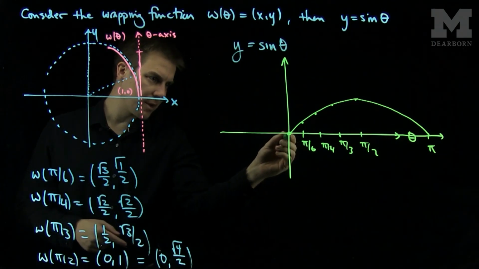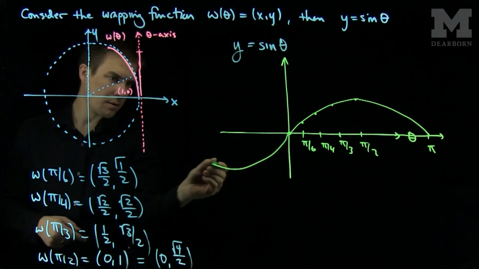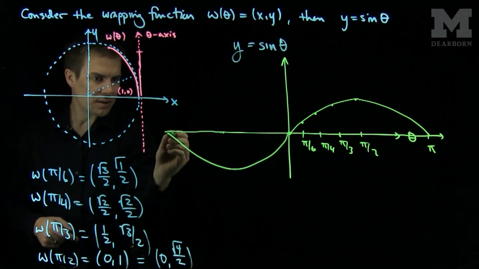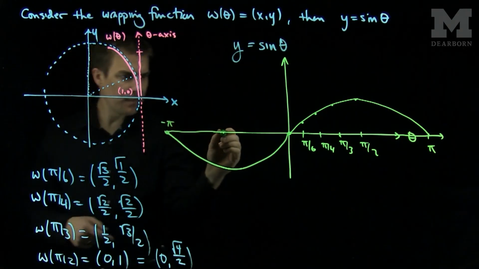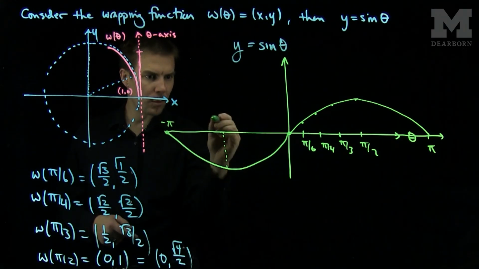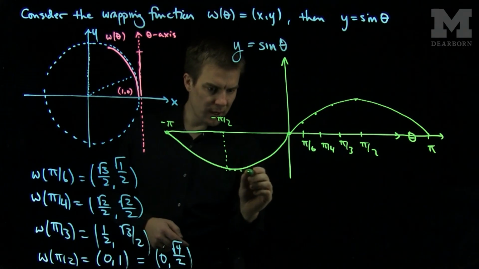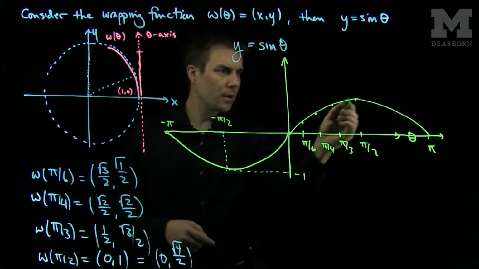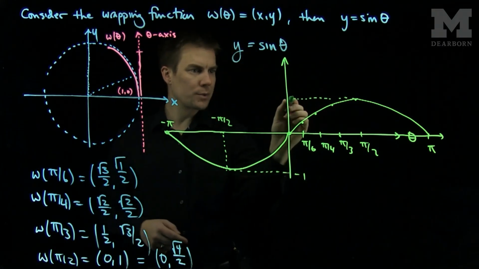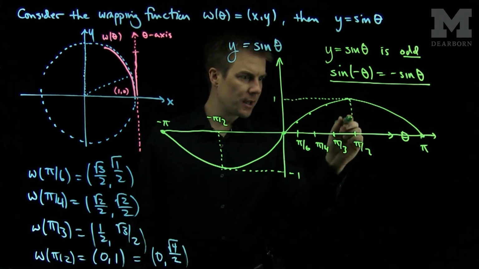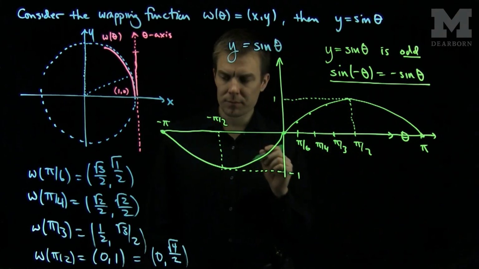So the graph will be symmetric over this axis. So this will be the point negative pi. This point over here will be the point negative pi over 2. This will correspond to a value of negative 1. This maximum over here will correspond to a maximum value of 1 that occurs at theta equals pi over 2.